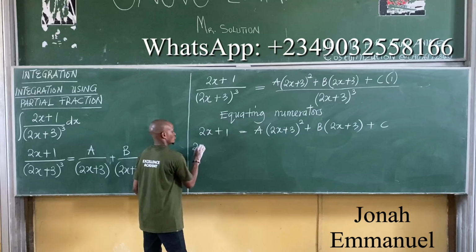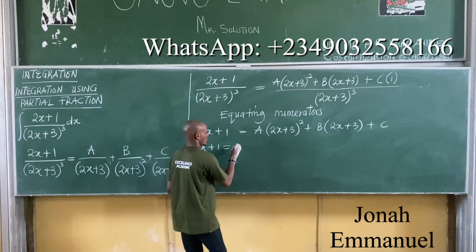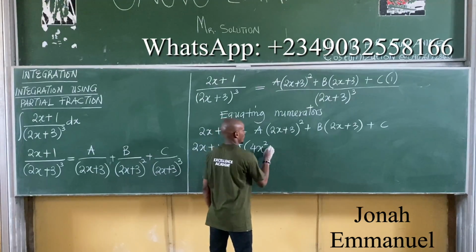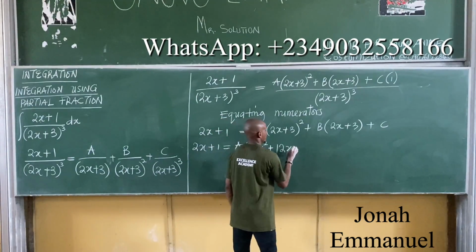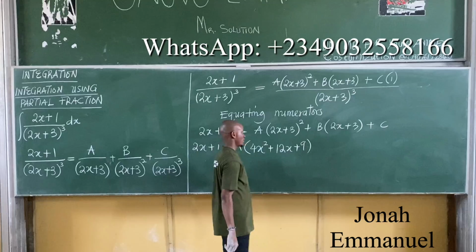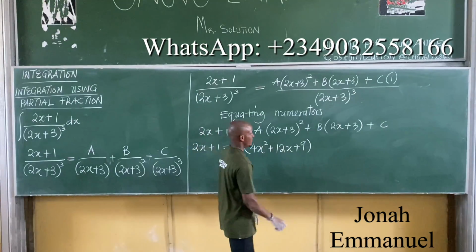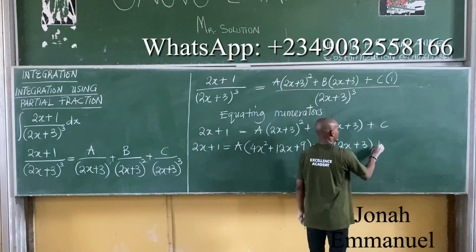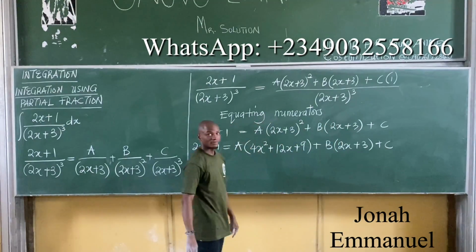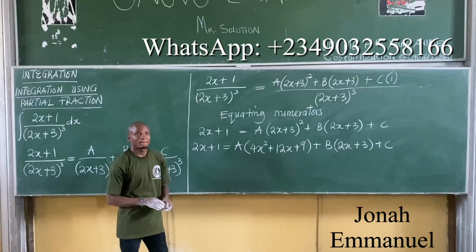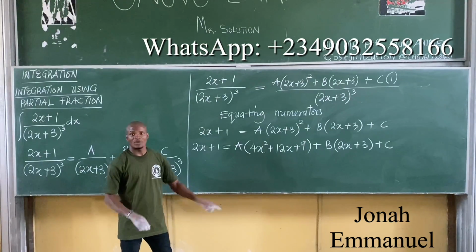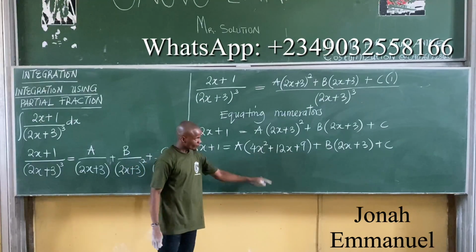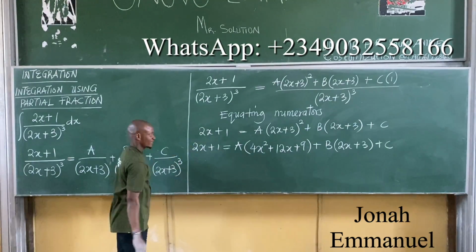Expanding, I have 2x plus 1 is equal to A. If I expand this, it gives 4x squared plus 12x plus 9. Plus B into 2x plus 3 plus C. Then we can expand this, right? All right.